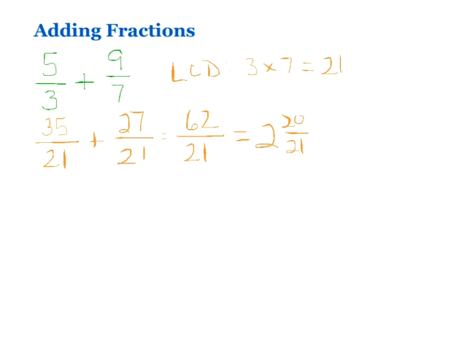Okay, so in a nutshell, the steps that we want to follow when we are trying to add or subtract fractions is, number one, we need to find the LCD. Then once we find the LCD, we want to rewrite the fractions using that LCD.